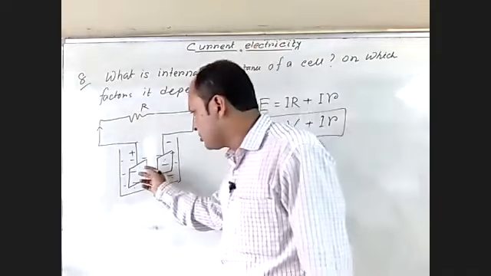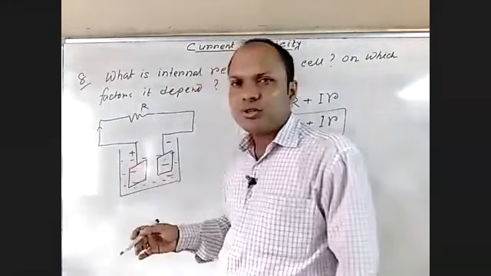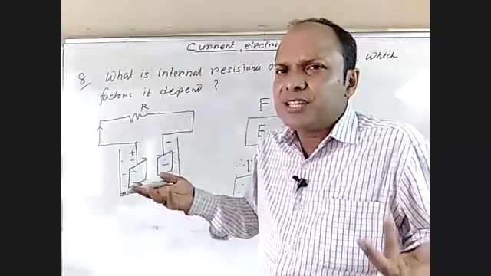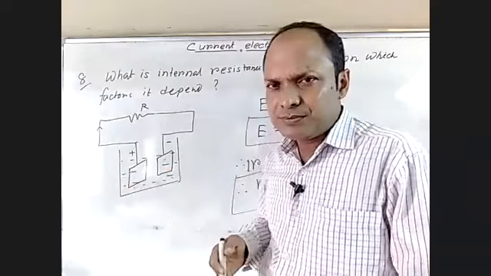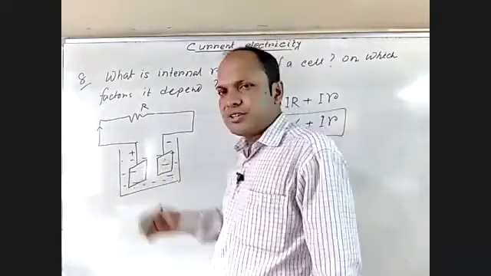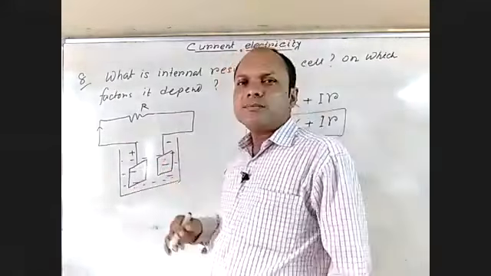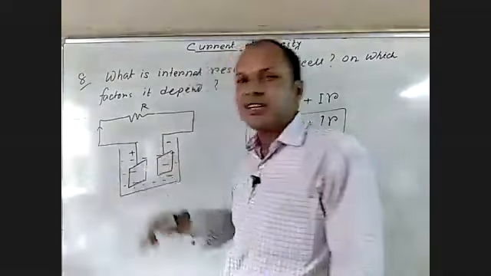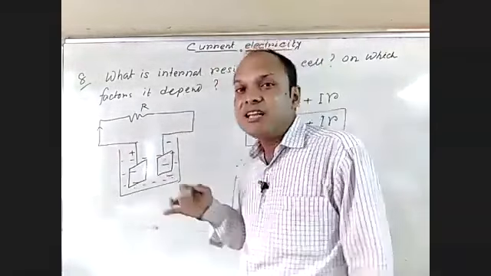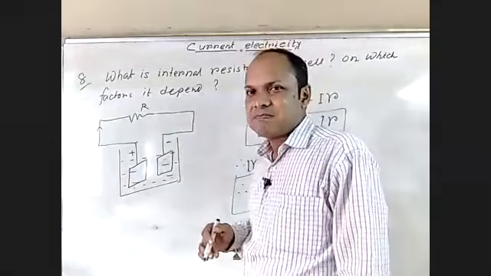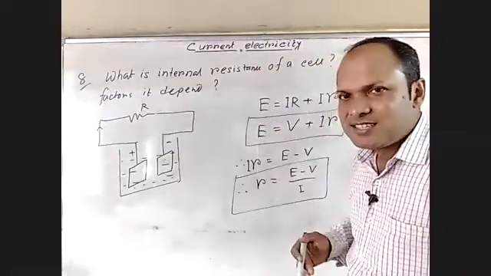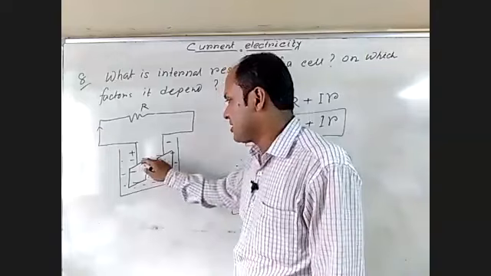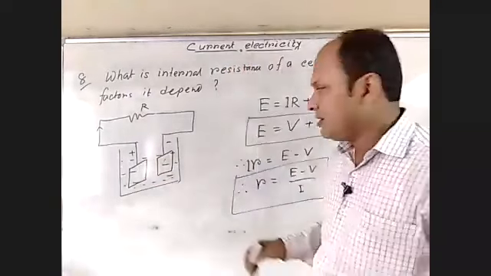The motion of the electrons and ions will depend on the nature of the electrolyte, how comfortable they are to carry the charge through it. That is called resistance, and inside the cell it is called internal resistance. So internal resistance is the resistance offered by the electrolyte or the substances inside the cell.